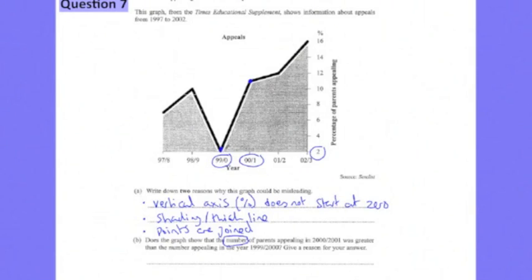This point is higher than this point, but this graph does not show that the number of parents appealing here is higher than here. It does not show the number, it shows the percentage. So really important, does it show? No. It shows the percentage, not actual numbers. Really, really key point there.